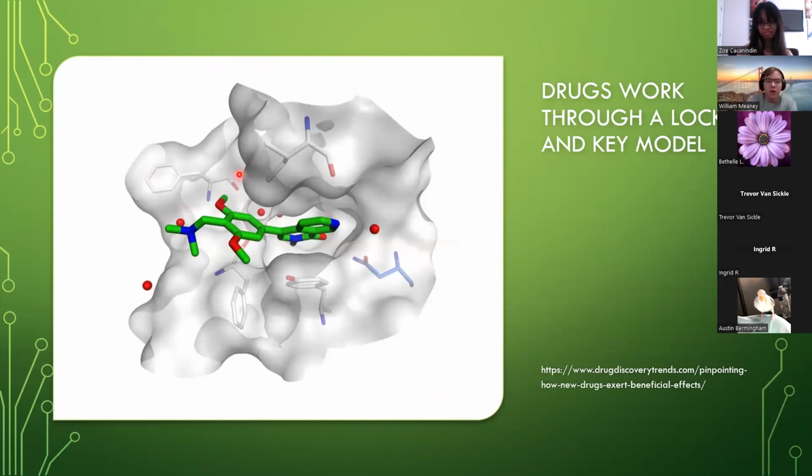You have the outer shape of the receptor, and then you have the drug itself. You could see all these lines, stick figures, and then this cloudy stuff, the clouds symbolizing the electron cloud that shows the general shape of all the electron orbitals, whereas the sticks show the general structure from an organic chemistry standpoint.